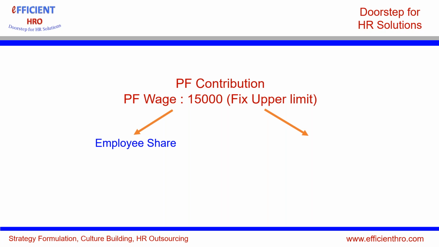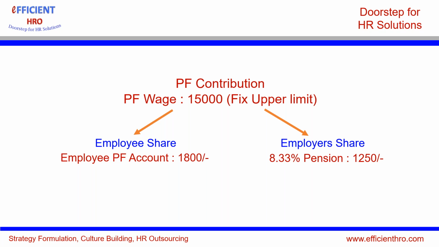Employee share will be 1,800 rupees. Employer share, 8.33%, that is pension, so 1250 will go to the pension fund. 3.67% of 15,000 will become 550, or you can say 1,800 minus 1250, which is again 550.